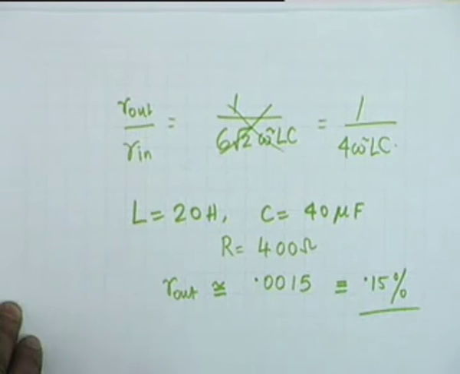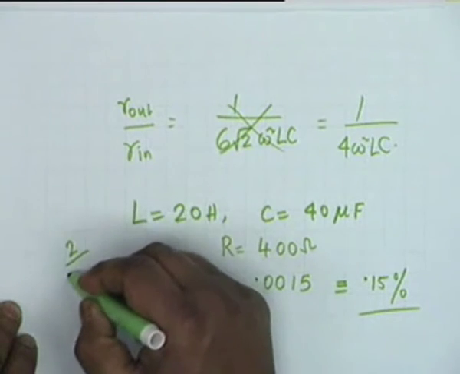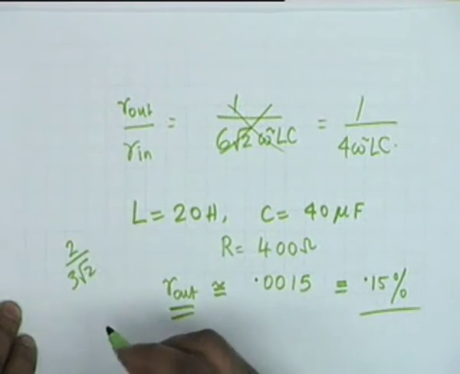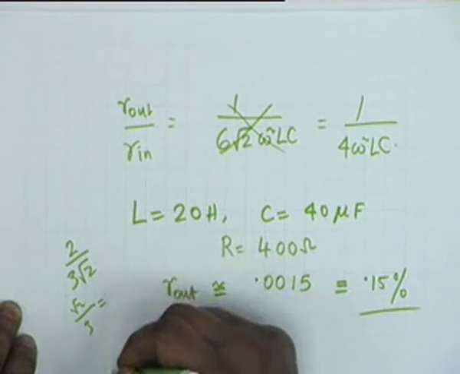Or is it R out? It is R out, not R out by R in. Both are dimensionless. The input ripple factor is simply 2 by 3 root 2, which is how much? That is root 2 by 3 equals to how much?